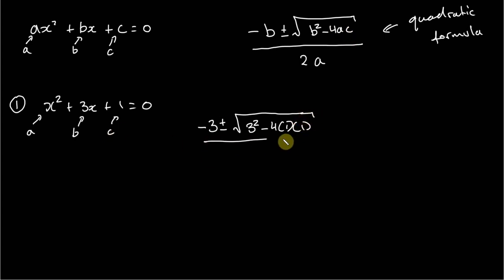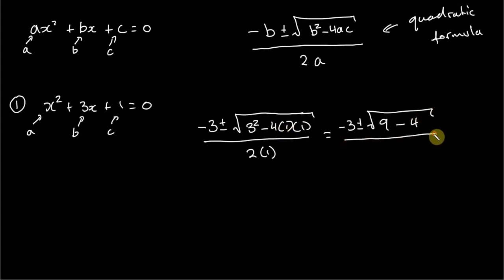And then all of that's going to be over 2a, so it's going to be 2 times 1. And we can work this out, so it's going to be negative 3 plus minus the root, well 3 squared is 9, and negative 4 times 1 is negative 4, and if you multiply that by 1 again, it's still going to be negative 4. So all of that's going to be over 2 times 1, which is just 2.